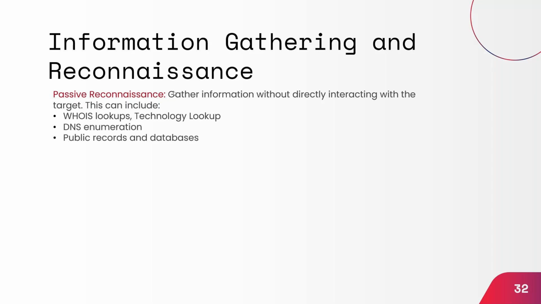You can look into WHOIS lookup records, perform technology lookup, DNS enumeration, look for all the public records, or use something called an OSINT technique, open source intelligence gathering, which is gathering all the publicly available information, available to anyone, because that information might be hosted on the internet.